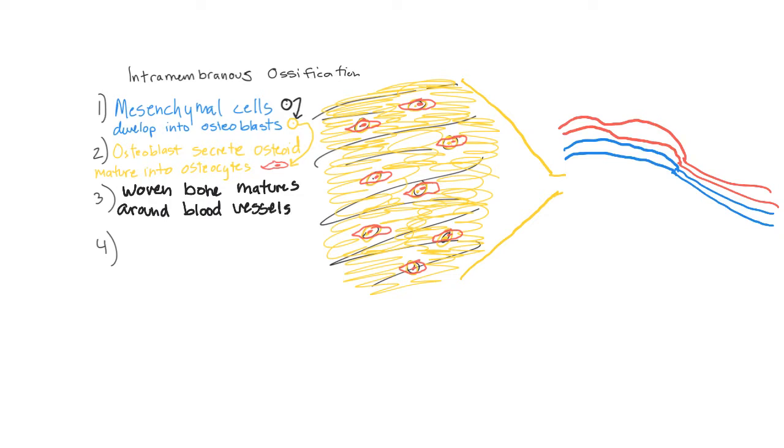This bone that is forming from the mesenchyme is creating woven bone. It looks like our trabeculae, and that's what it's forming. That's what my woven bone looks like.